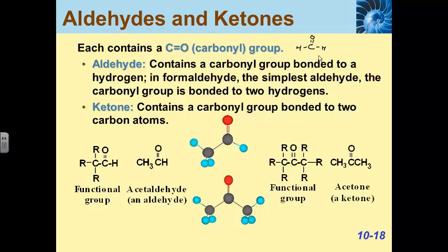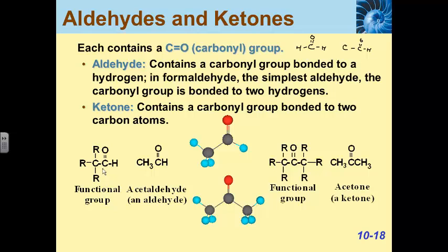The simplest aldehyde. If you had 2 carbons in a row, the end carbon always has a hydrogen at the end, which makes this an aldehyde. So the simplest functional group places a C double bond O at the end of a carbon chain. If that carbonyl group, C double bond O, is bonded to 2 carbons anywhere else but at the end of the chain, we call it a ketone.